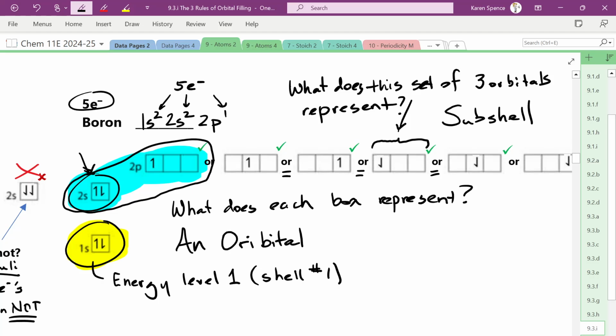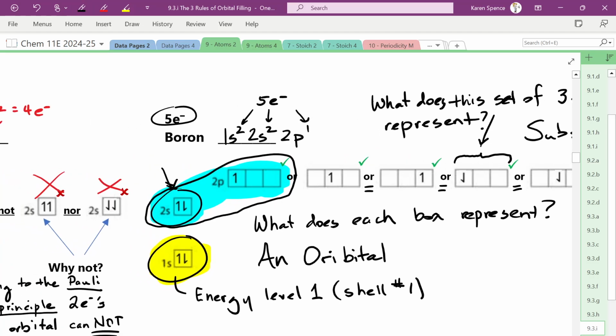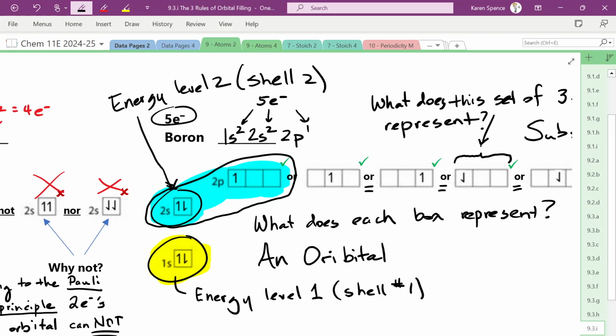Yes, I'm just showing different ways it could be configured. But this here, energy level 2, shell 2. Are we starting to get really comfortable with the terms shell, subshell, and orbital? Yep, good. Energy level, sublevel, and orbital. Good.